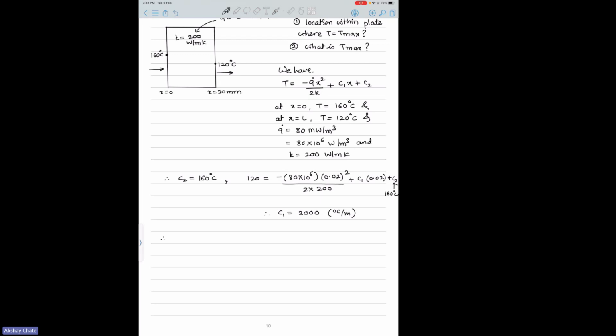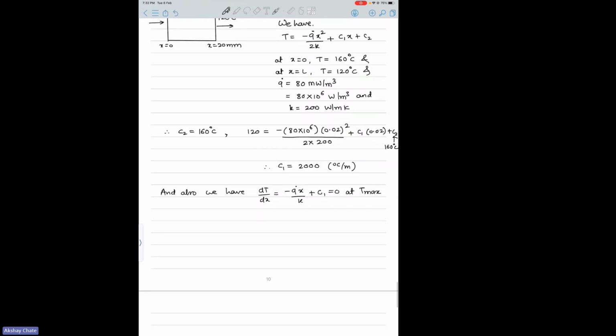And also we have dT by dx as minus q dot x by k plus C1, and it will be 0 at Tmax. That is the definition of Tmax. That slope will be 0 there.